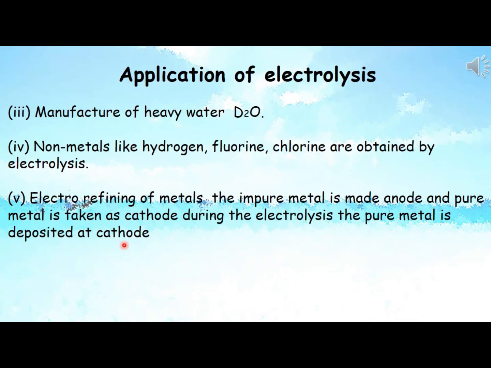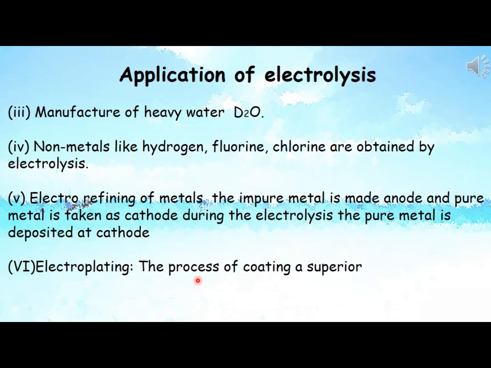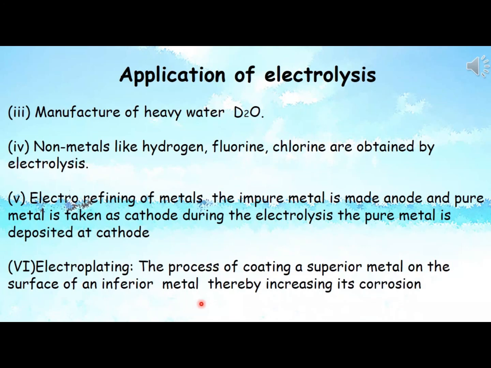In electroplating, coating a superior metal on the surface of an inferior metal to increase the corrosion resistance is known as electroplating. So these are some of the applications of electrolysis.